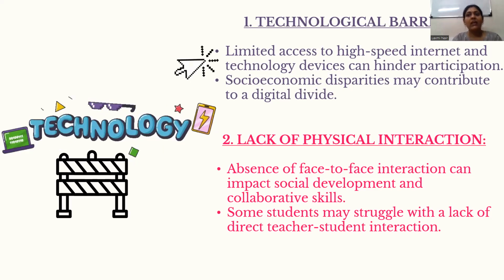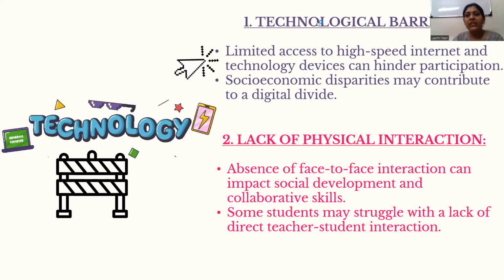Technological barriers can be one aspect where the student is not in a city or a place, or rather even in a village or any vicinity where there is no high speed internet, it can hinder the participation of that particular student.